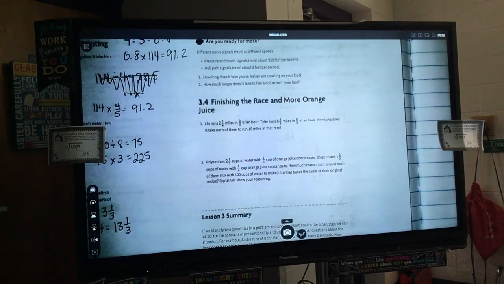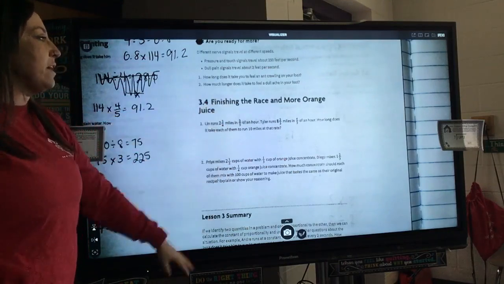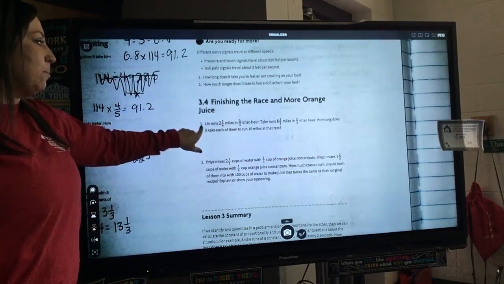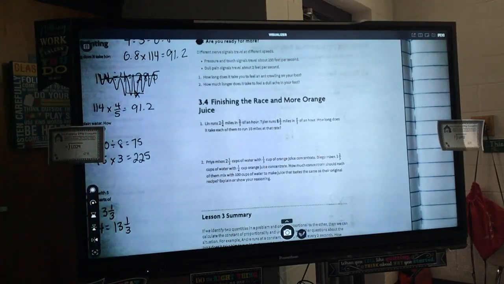All right, so we're not doing this. We're looking at finishing the race and more orange juice. You are solving number 1, put your pencils down. Number 1 says Lynn runs 2 3/4 miles in 2/5 of an hour. Tyler runs 8 2/3 miles in 4/3 of an hour.